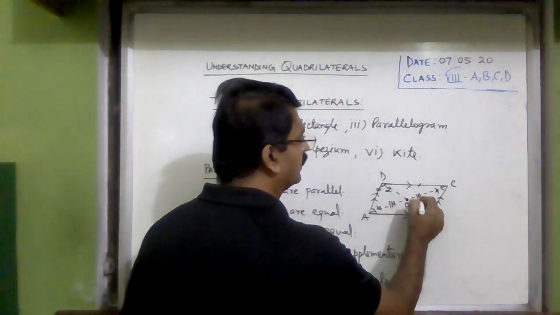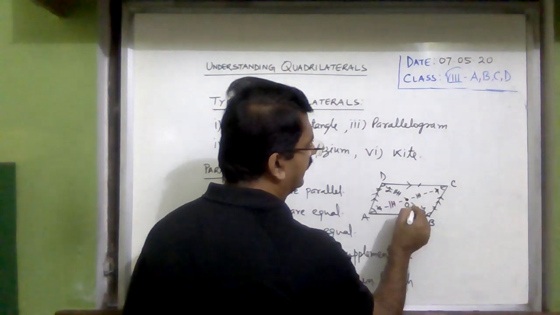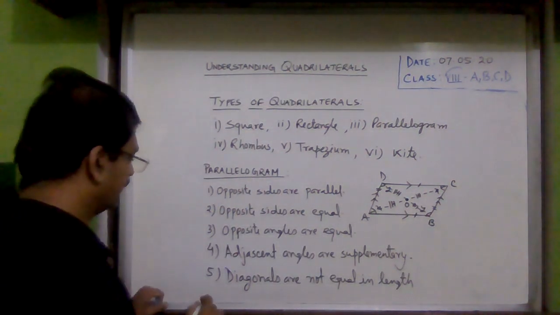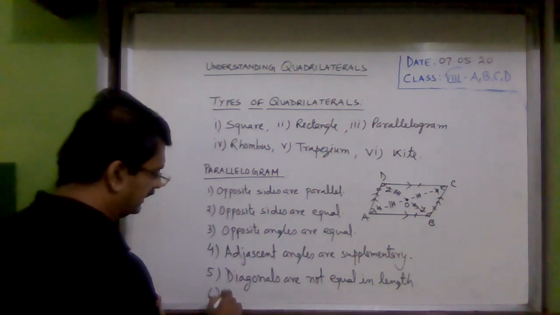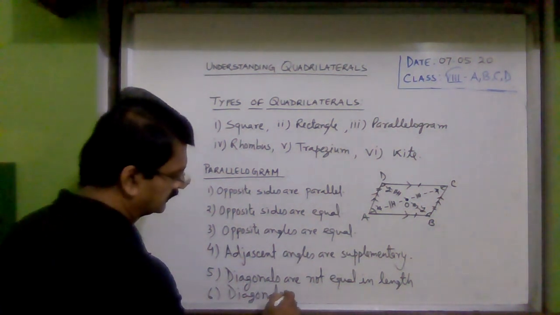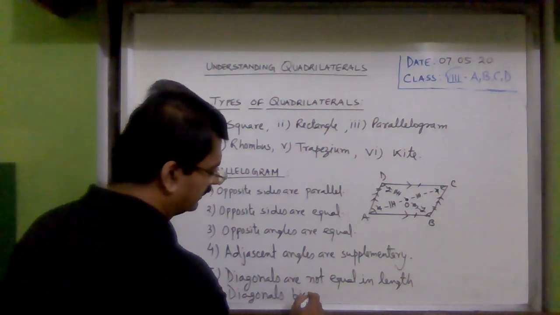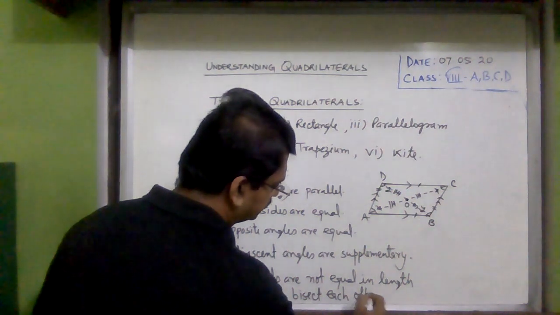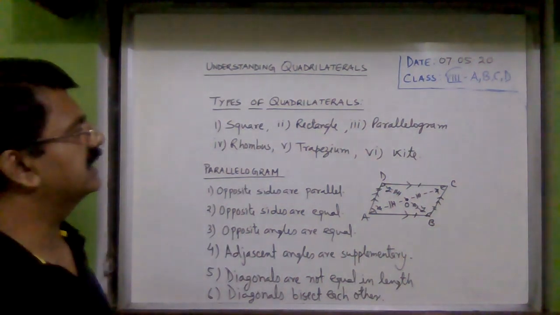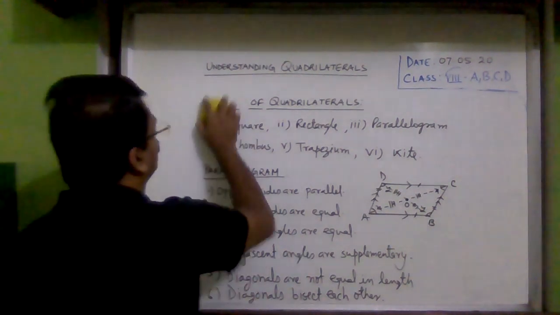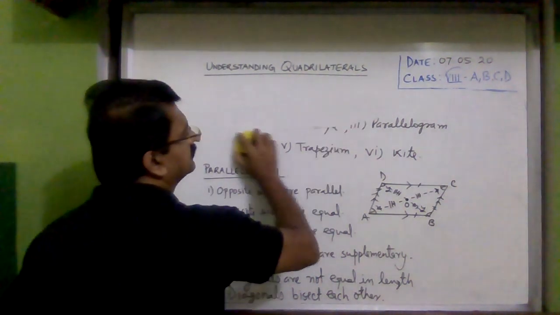This side will be equal to this side and this side will be equal to this side. So diagonals bisect each other. The sixth property is diagonals bisect each other. A few more properties are there of a parallelogram.